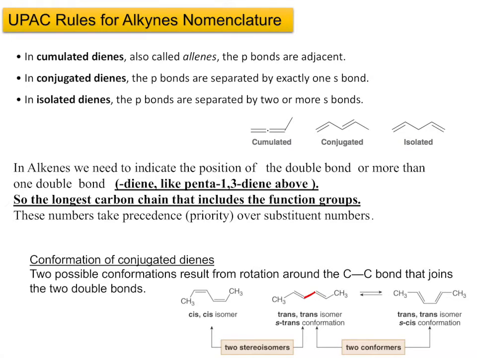We are considering these two carbons as a center, and that side is down, and that one is up. This double bond number 1 is down, double bond number 2 is up. That is why we are saying trans. But why are we saying trans here?